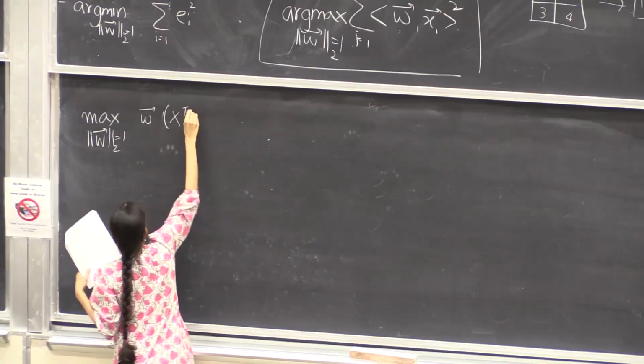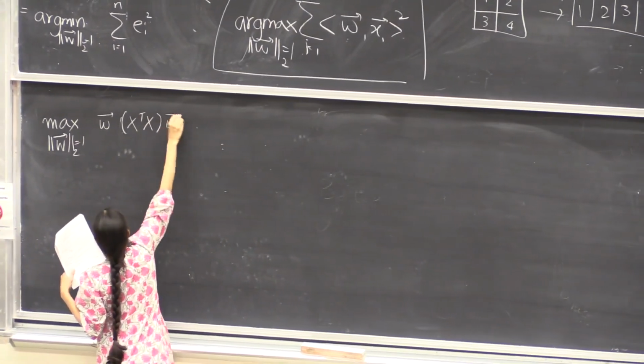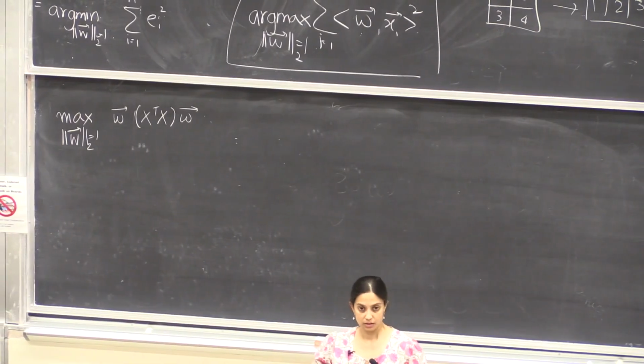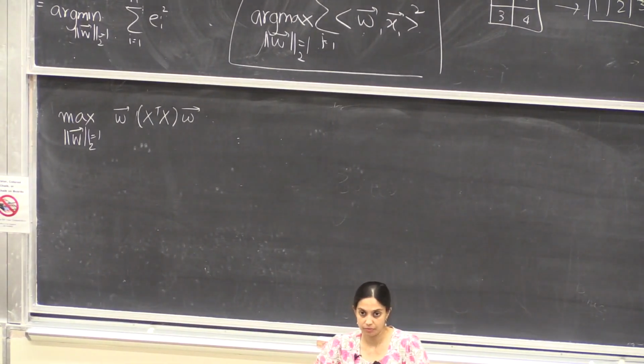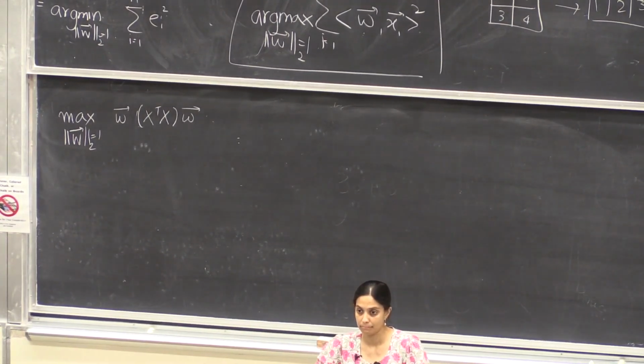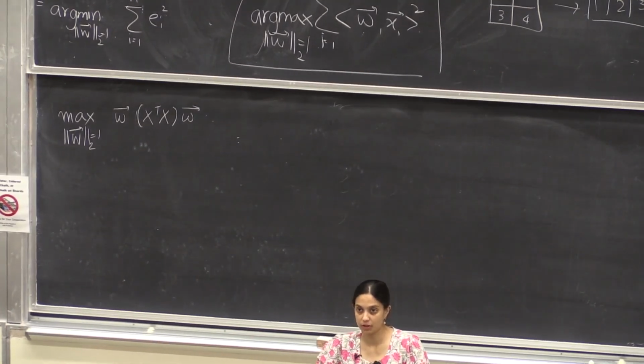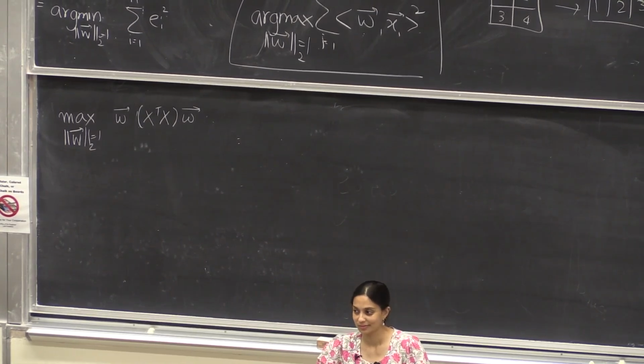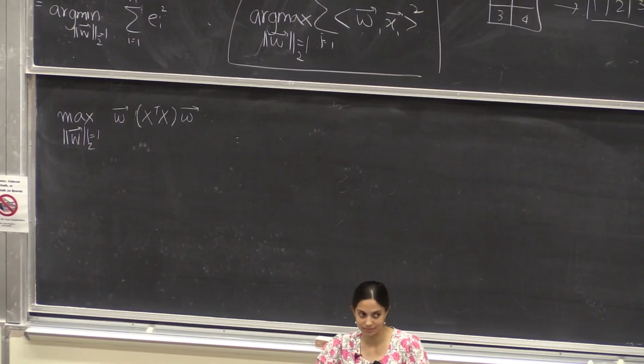Let me write it in a way to help you see it. How many of you know how to solve this problem? How many of you were in lecture last week? What did we do last week?